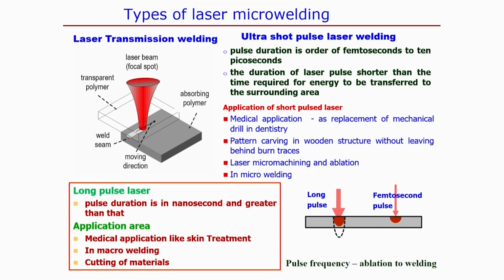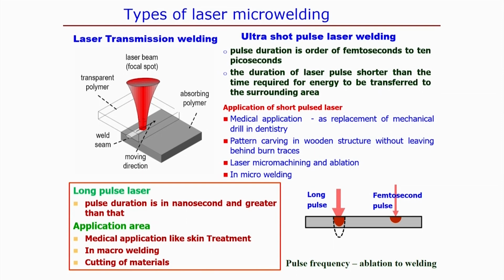The laser wavelength is chosen such that it is transparent to the upper polymer, but it is absorbed by the bottom polymer, so that the heat is released at the interface between the two substrate materials. This is the typical mechanism of the laser transmission welding process.